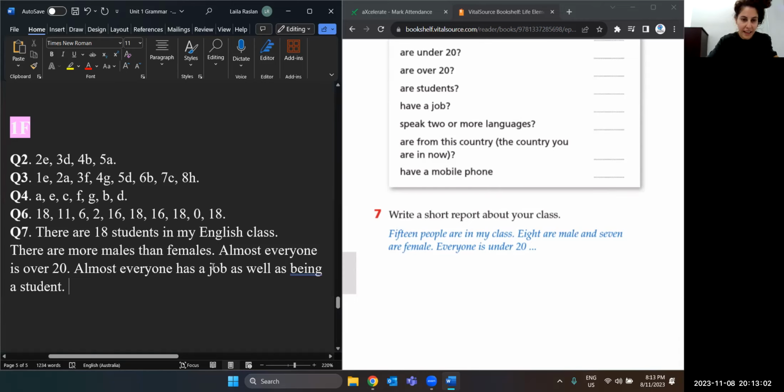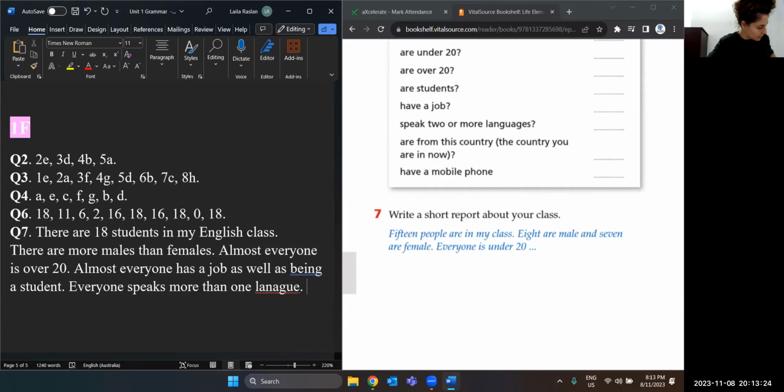Almost everyone has a job, as well as being a student. Everyone speaks more than one language.